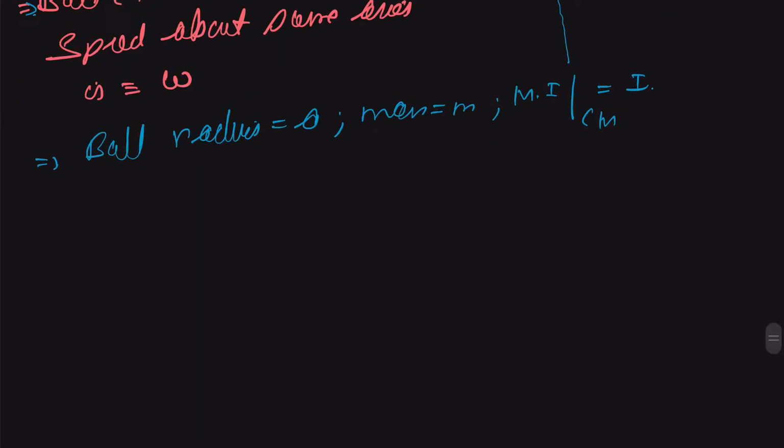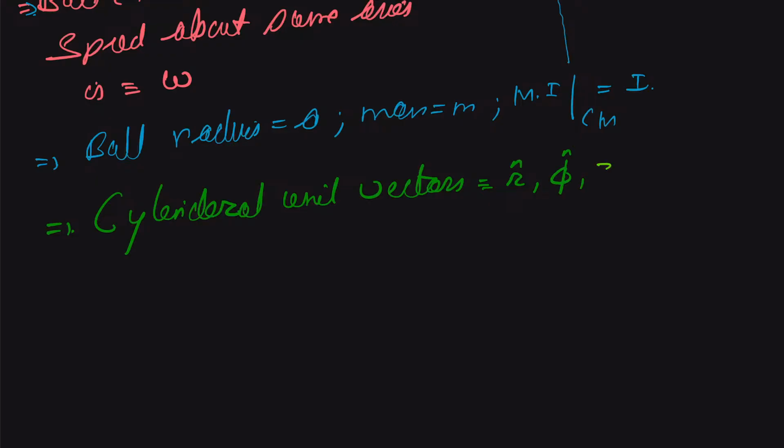And we are going to consider, like I said, three cylindrical unit vectors. So we consider the cylindrical unit vectors, and these unit vectors are r, phi and z.